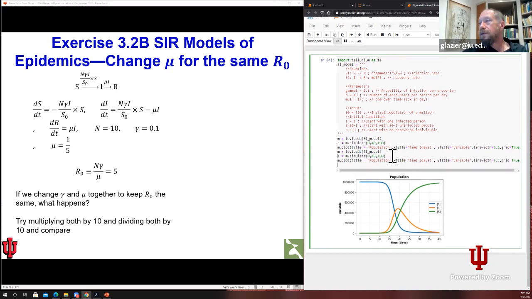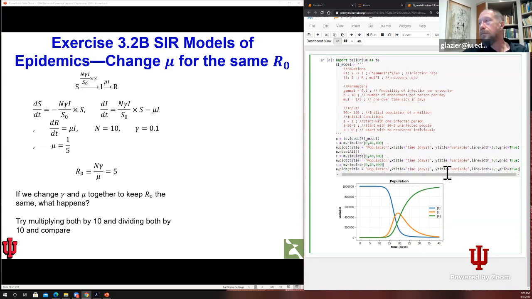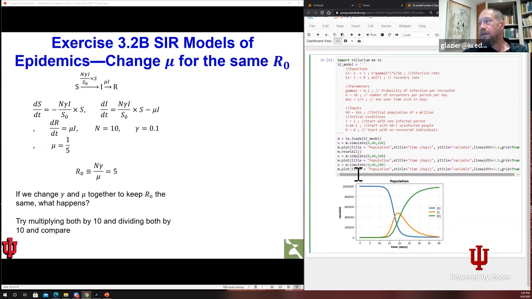I could do something like this where I do a reset. Well, I'll let you work on it on your own way. I'll do it. And by the way, the version I have online does not do it quite this way.